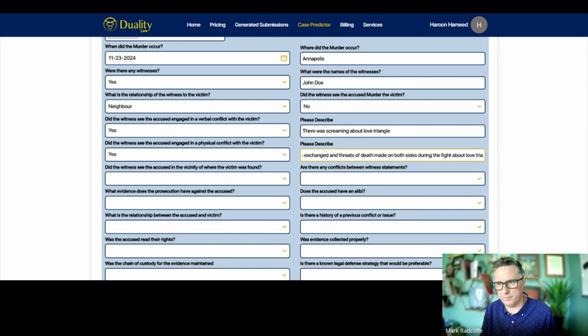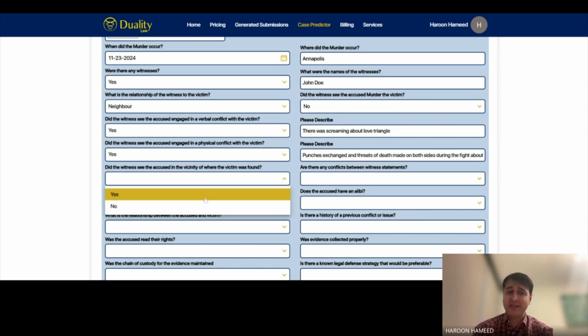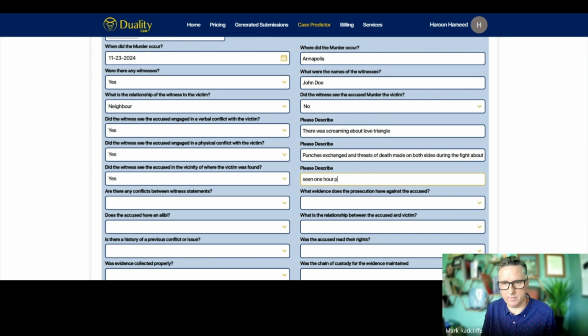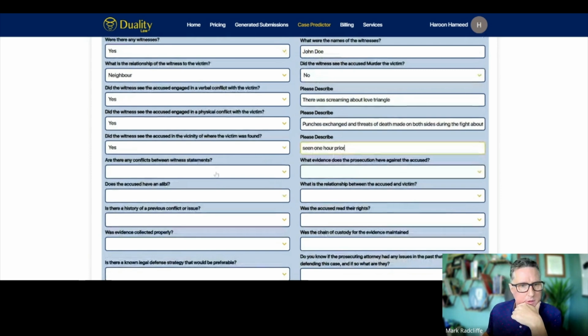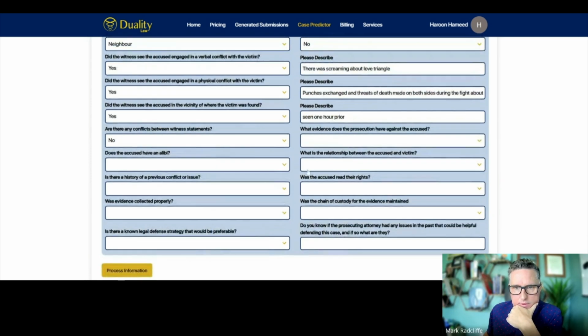Got it. Was the accused seen in the vicinity by the witness? Yes. He was seen one hour prior in the area. Any conflicts? No conflicts.